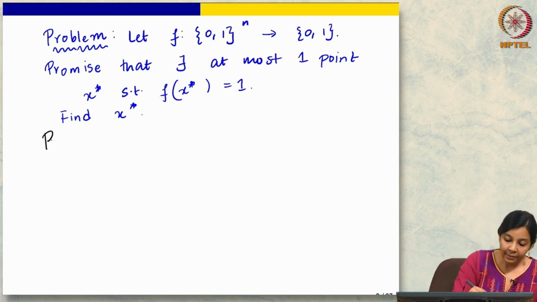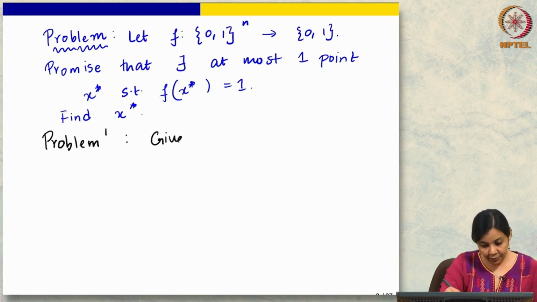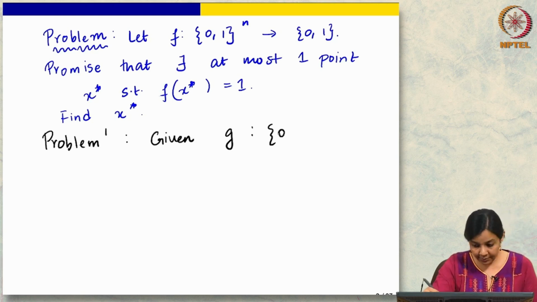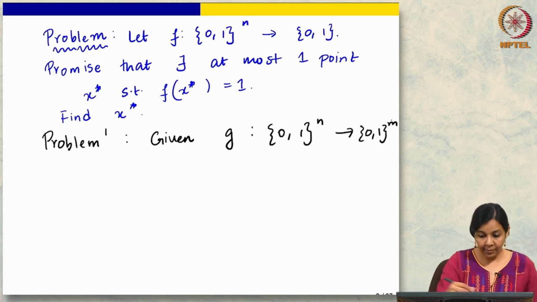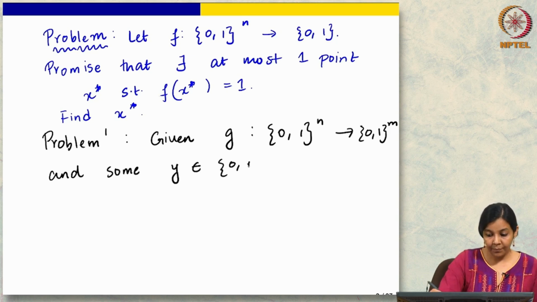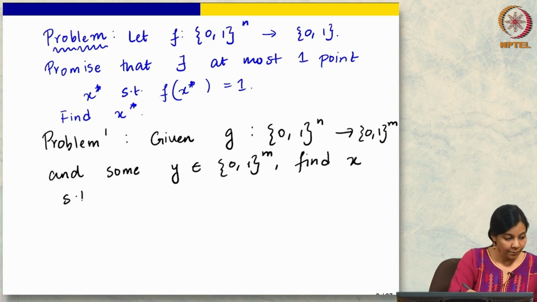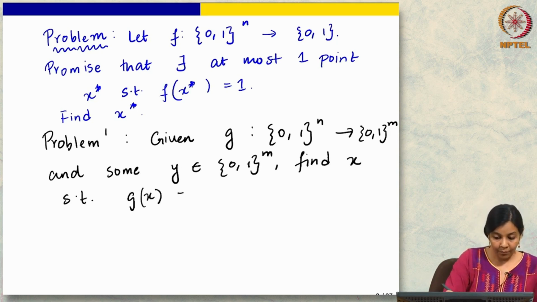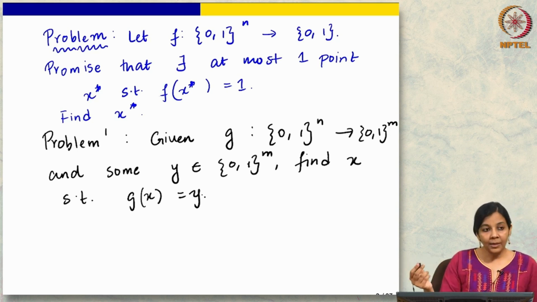Let me write down a problem prime, which is that I give you some function g and some y, and the question is to find x such that g of x is equal to y.